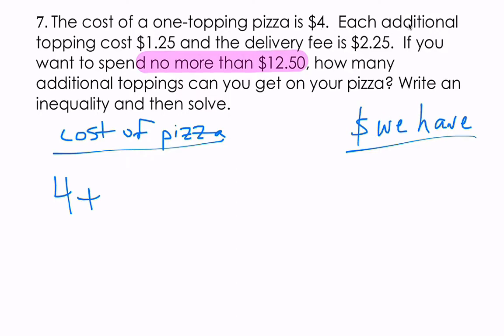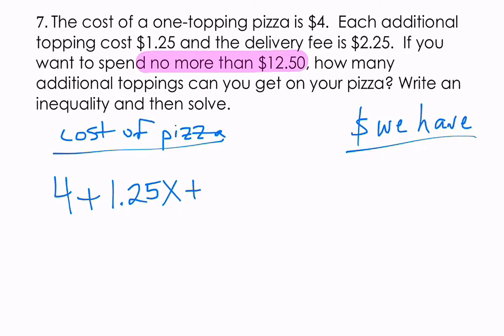what if we want more than one topping? So each additional topping will cost $1.25. So plus $1.25, but it says $1.25 for each topping. So I'm going to have to put 1.25, let's call it X. And X will stand for toppings. So I know the pizza is going to cost $4 plus $1.25 times however many toppings we decide to get.